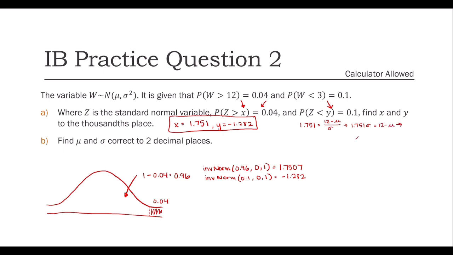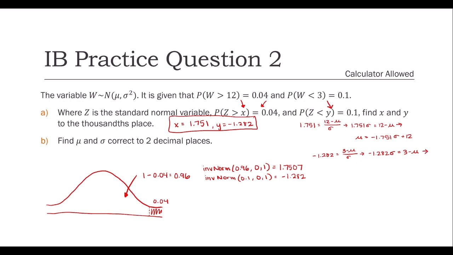So then we know that mu equals negative 1.751 times the standard deviation plus 12.